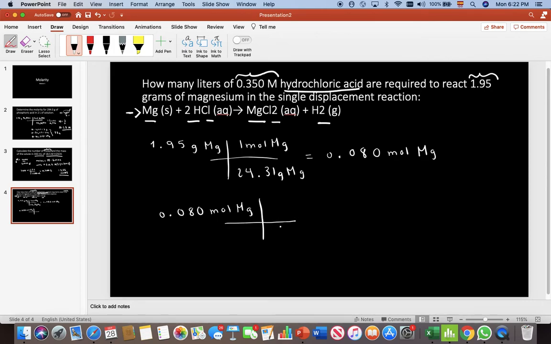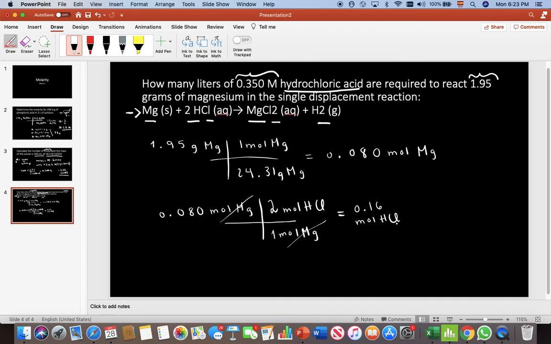So looking back at our equation, when there is 1 mole of magnesium, how many moles of hydrochloric acid are there? There's 2 moles of hydrochloric acid, right? 2 moles of HCl. Okay, now we would do the math for this. So multiply your 0.080 times 2, right? Because moles of magnesium cancel. And that gives you 0.16 moles of hydrochloric acid.